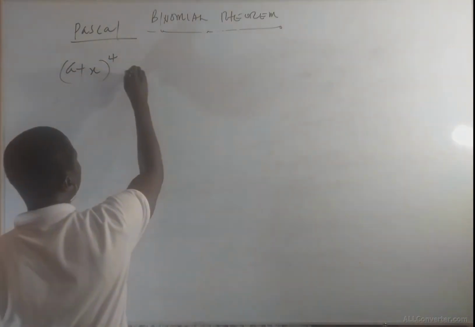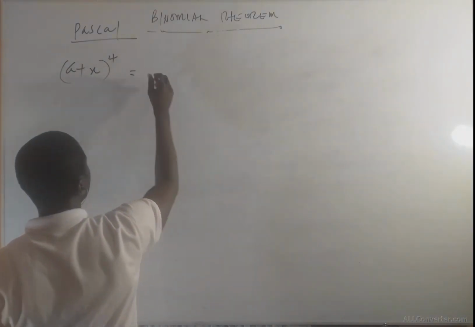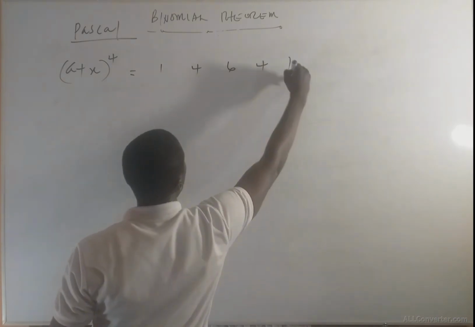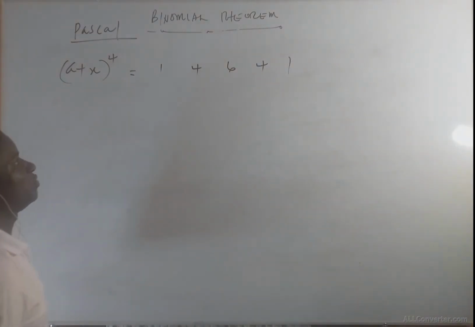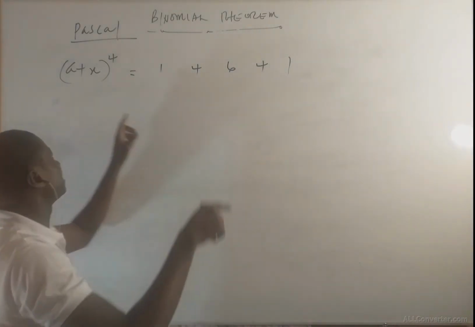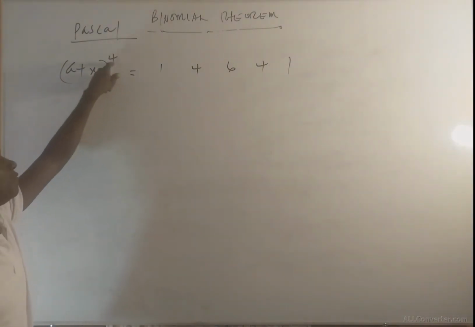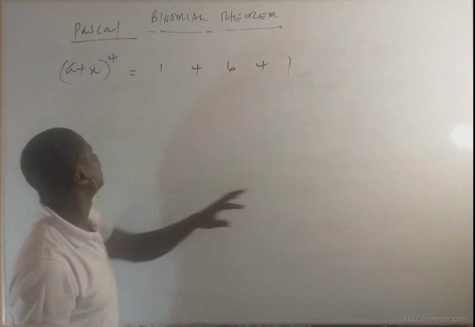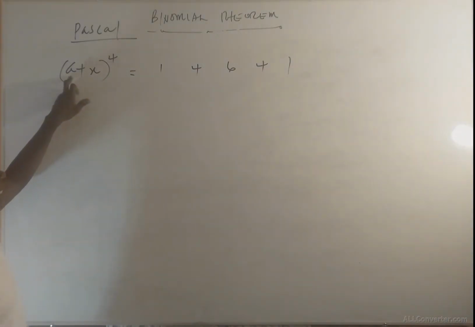Don't forget that the coefficients for a plus x exponent 4 are 1, 4, 6, 4, 1. When you refer to the Pascal triangle, you realize that the exponent 4 has the coefficients 1, 4, 6, 4, 1. This is the binomial. This is a term, and this is another term combined with the plus sign. So this is one term, another term.